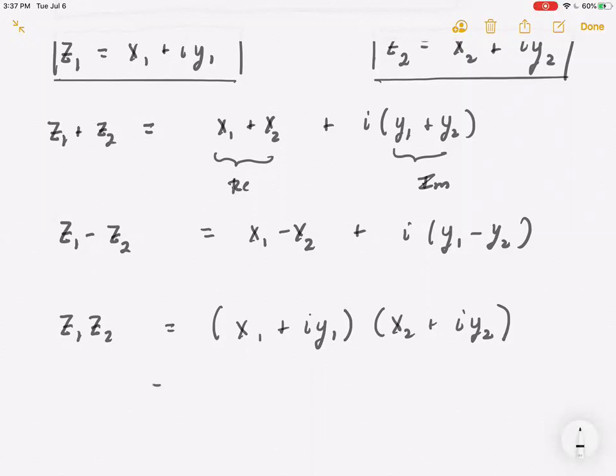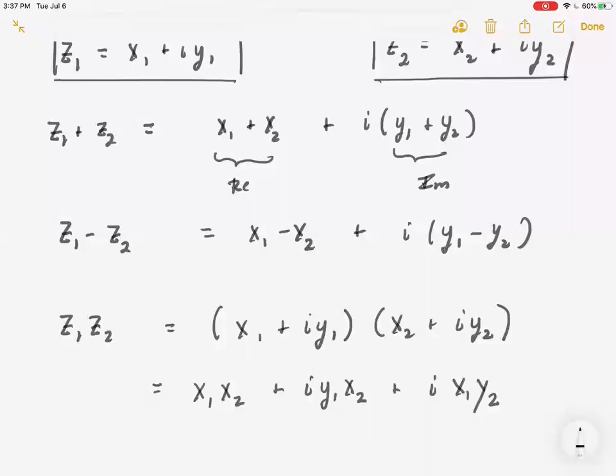So I can expand this out and I'll get 4 terms: x sub 1 times x sub 2, plus i times y sub 1 times x sub 2, plus i times x sub 1 times y sub 2.